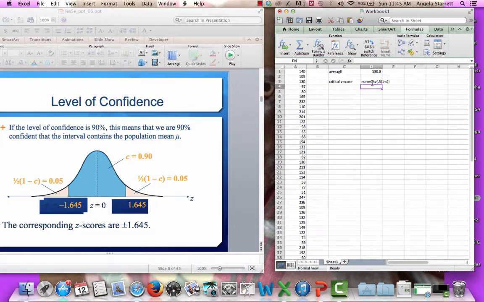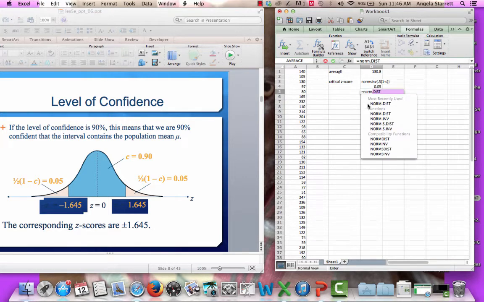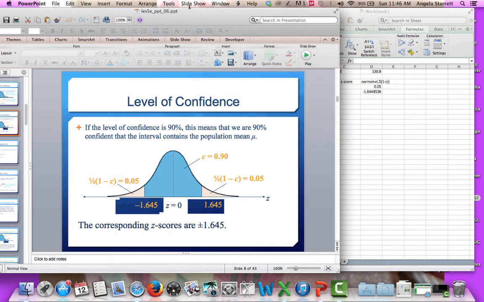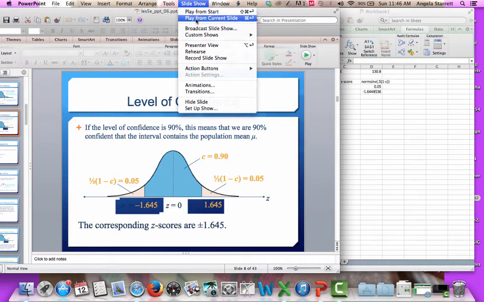Here our confidence is 90%, so I want 1/2 times 1 minus that confidence, and I'm getting 0.05. I will use that as the area to the left of the negative z, so norm.s.inv of 0.05, and you can see we get our critical z of negative 1.645 and positive 1.645.